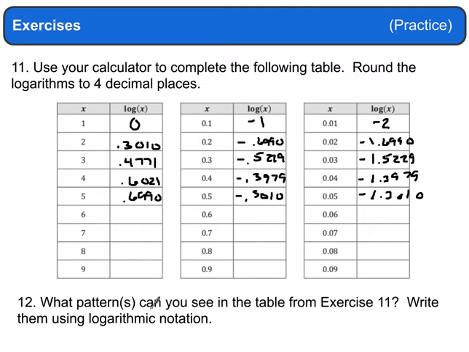So they ask in number 12, what patterns do you see occurring from this particular exercise right here? And so what we're doing is the same idea, is that if we had log of x over 10, so a division, right? That's how we would get 0.1, would equal -1 plus log of x.